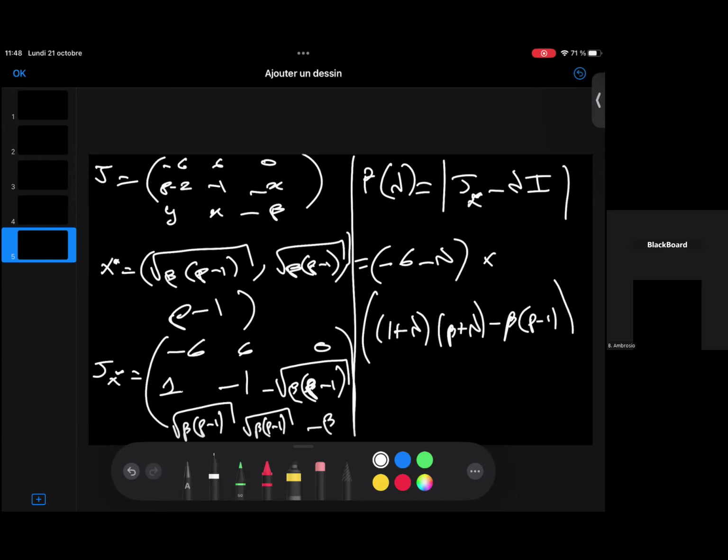I close this parenthesis, and then minus sigma times (minus beta minus lambda plus beta (rho minus 1)).